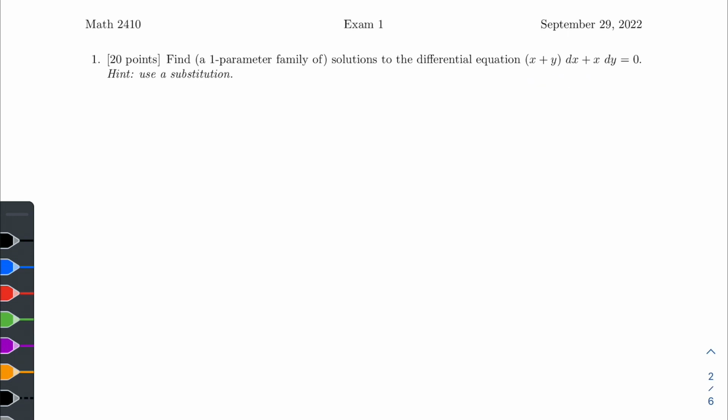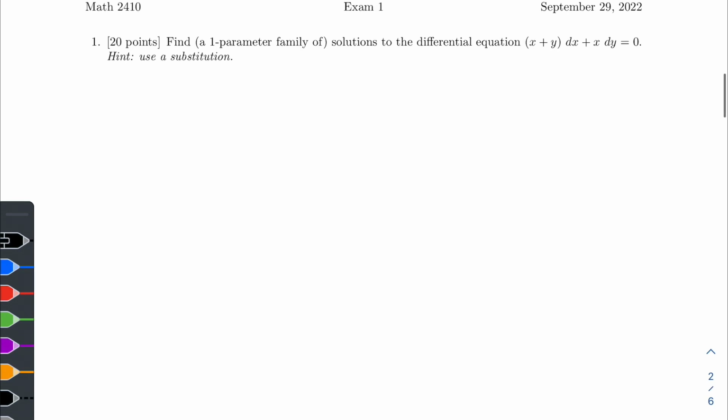Future problems like this would probably specify you must use the method of substitution to do this problem, or I would write it in a way that it's not exact, it's not linear, it's not separable. You have to do a substitution on it. So anyway, let's just do the substitution and see what we get.